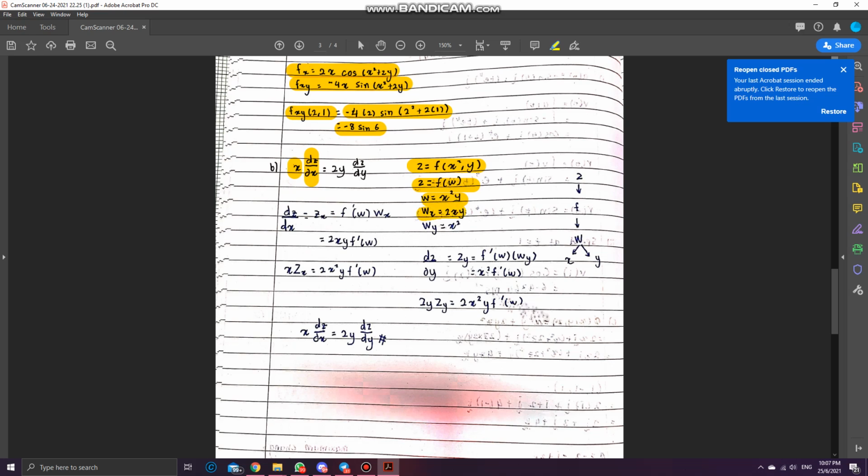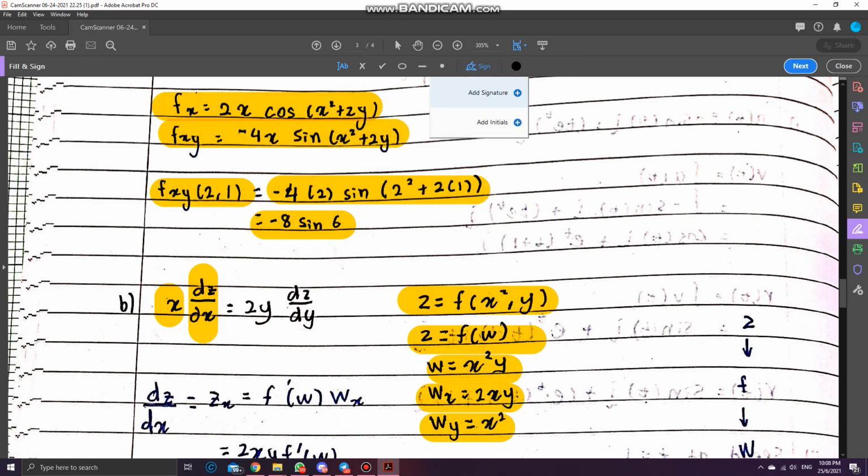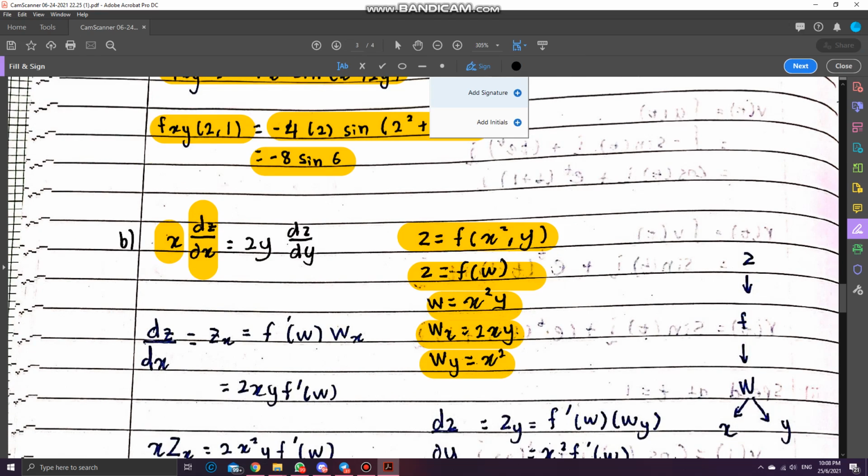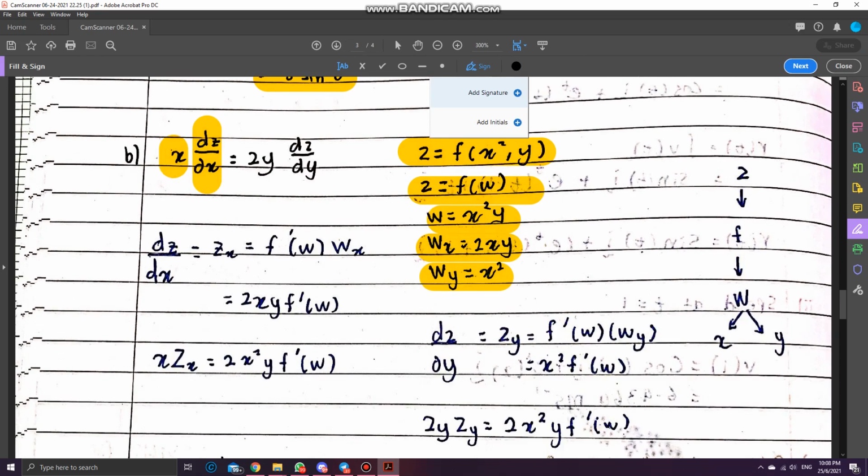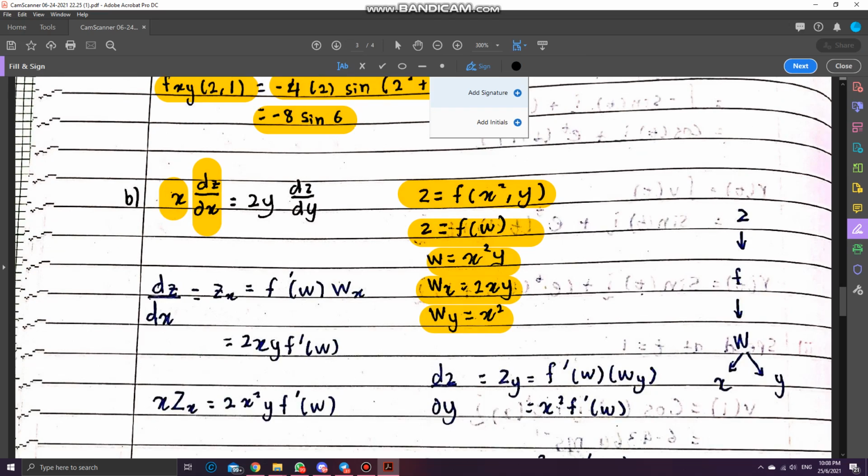So w_x, if we differentiate this in terms of x, we will get 2xy, and if we differentiate this in terms of y, we will get x square. So how are we going to prove this in the easiest way? Here we get 2xy, w_x we can replace with dz over dx, and w_y we can replace with dz over dy.